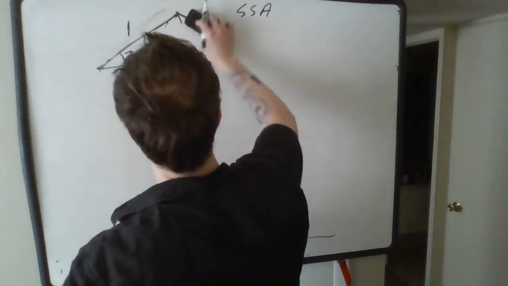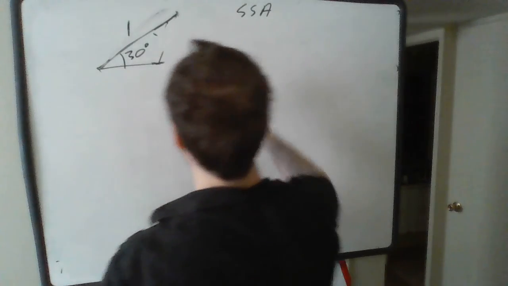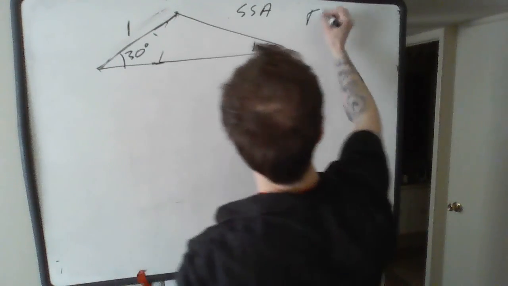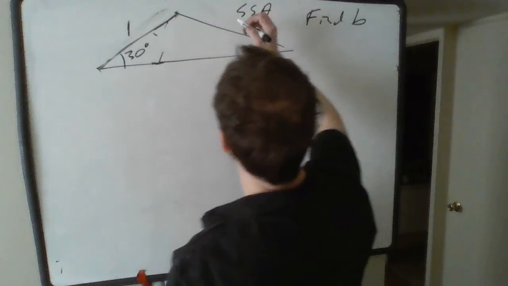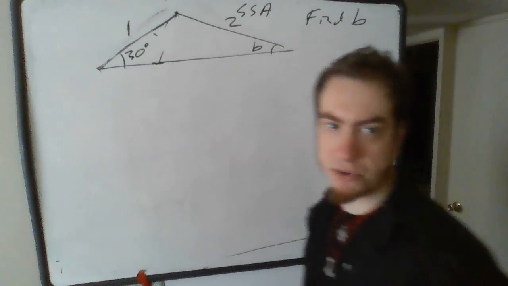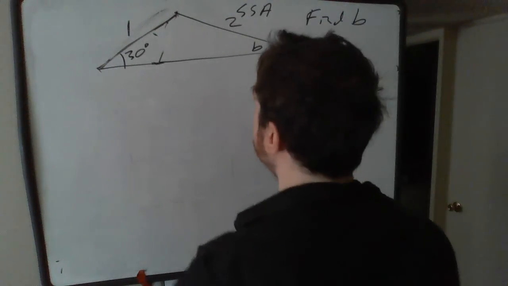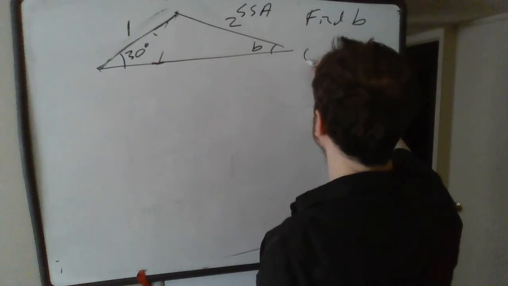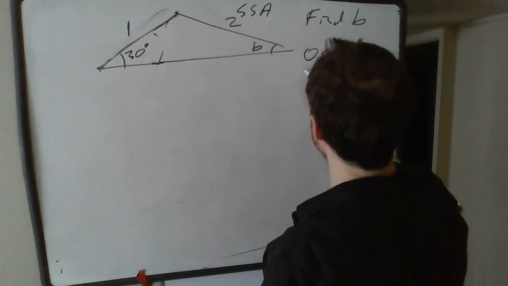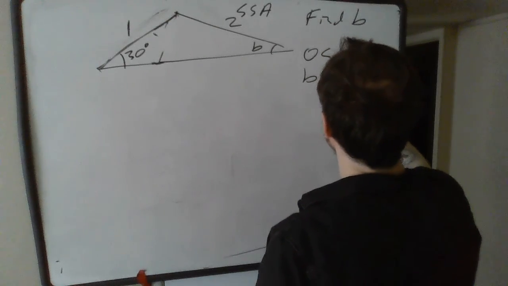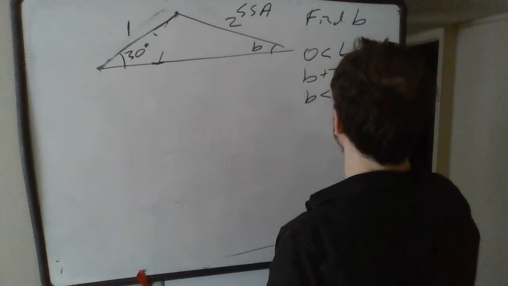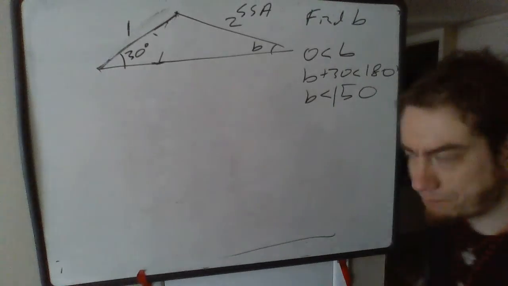One more option that we could end up looking at here. So what if I give you this picture, I tell you to find B, and I tell you that this side has a length of 2. Well, in this case, again, what we know is that for this setup, 0 is less than B, and B plus 30 is less than 180, which means that B has to be strictly less than 150.